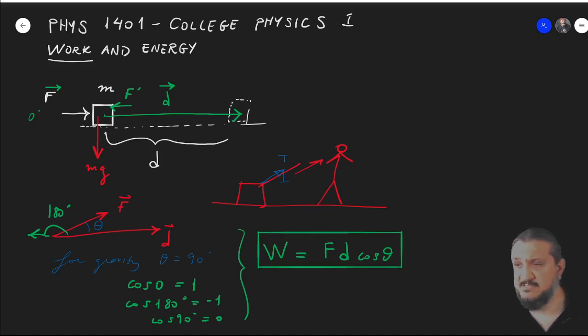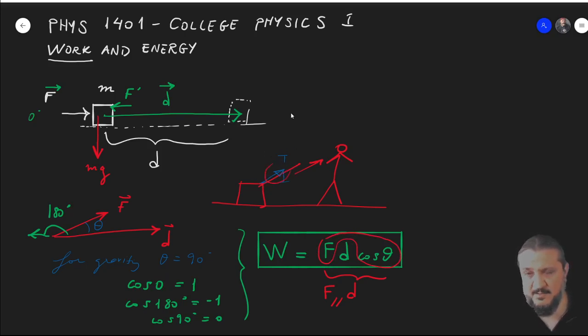Now, in some cases, you may prefer to write this as F parallel. Those two lines symbolize parallel, a force parallel to D. So F parallel times D, if you write it like this, then cosine theta is hidden there, because F times cosine theta is nothing but the projection of, let's say we're talking about T here, the projection of T in the horizontal direction is right there.